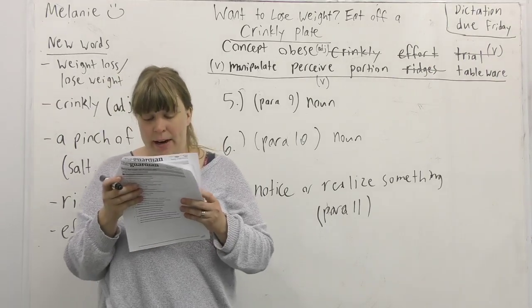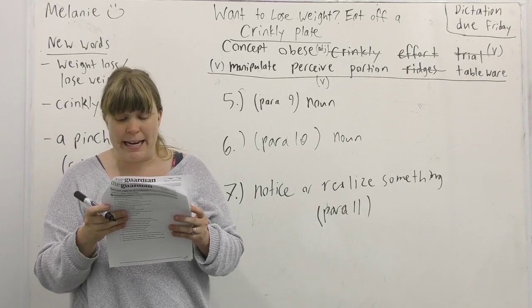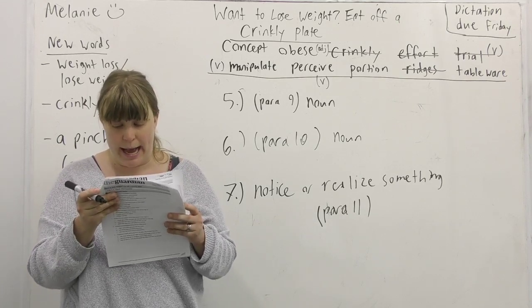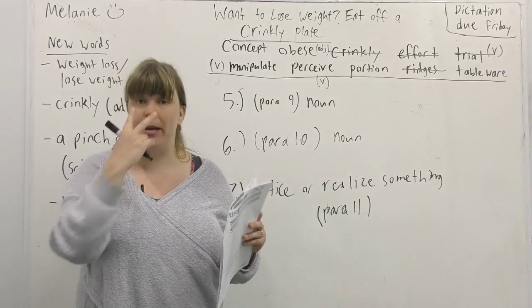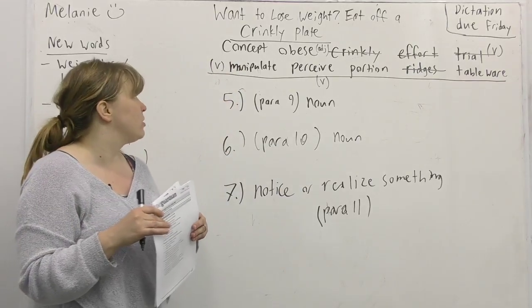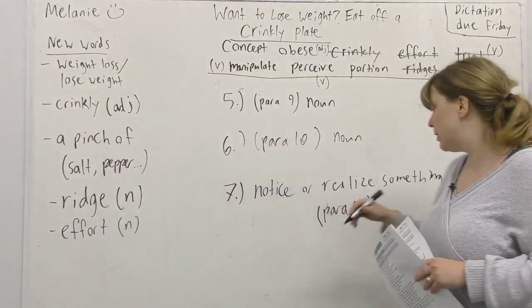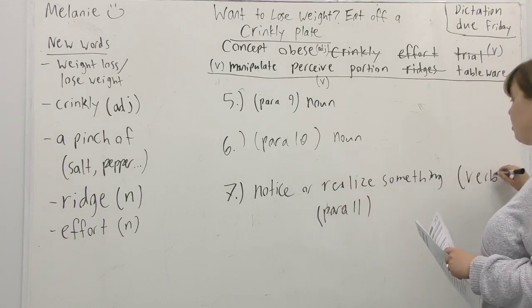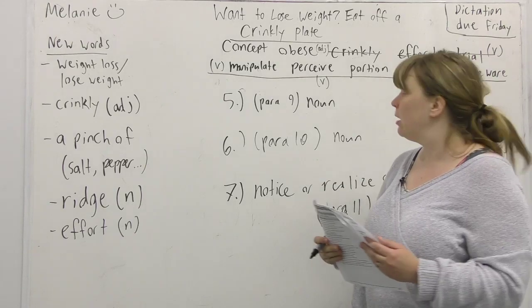"There is lots of evidence that we eat for other reasons than biological need. It is about habit. It is about what we visually perceive." Okay. So what do you think it's going to be? This will be a verb that we're looking for.